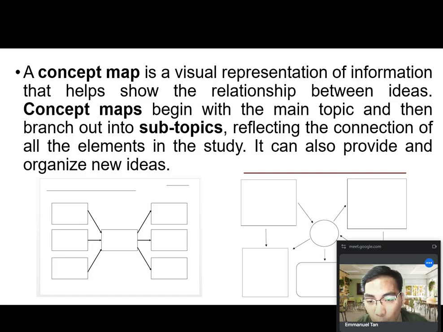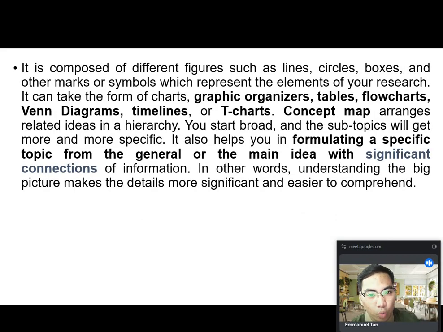So, when you craft your conceptual framework, you can use different charts or concept mapping that is related to your topic. Okay? So, it could be graphic organizers, tables, flowcharts, Venn diagrams, timelines, or T-charts, the concept map as your conceptual framework.